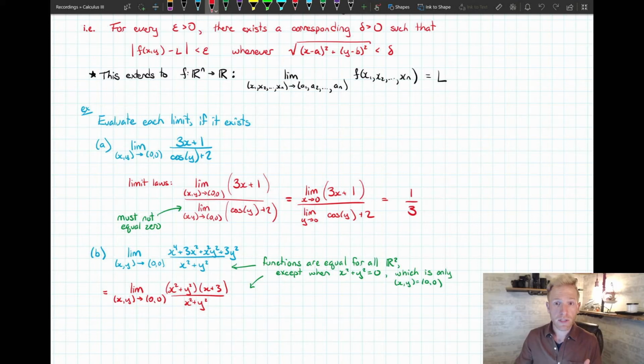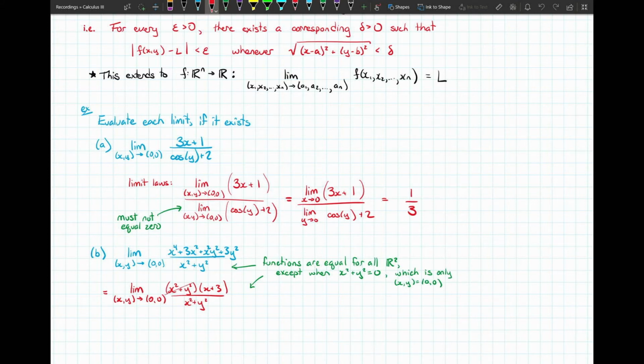So essentially what we're saying is that these two functions, one in blue and the one in red, are exactly the same in an entire region of R2 around the point 0, 0, except at the point 0, 0 itself. So that means that they should have exactly the same limit, with the benefit that this new function in red, we can just simply simplify by canceling a common factor.